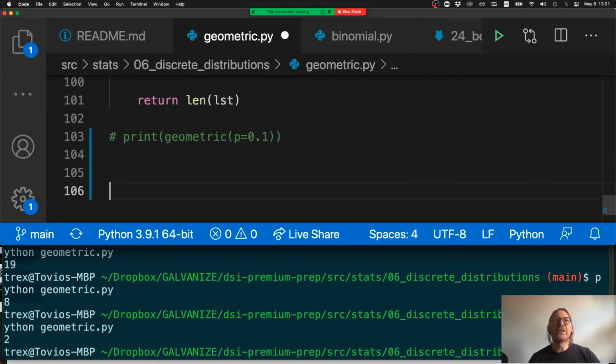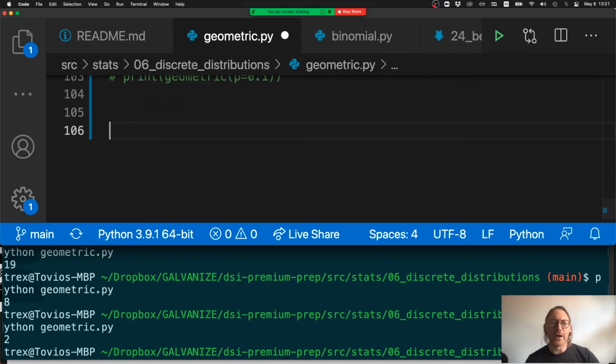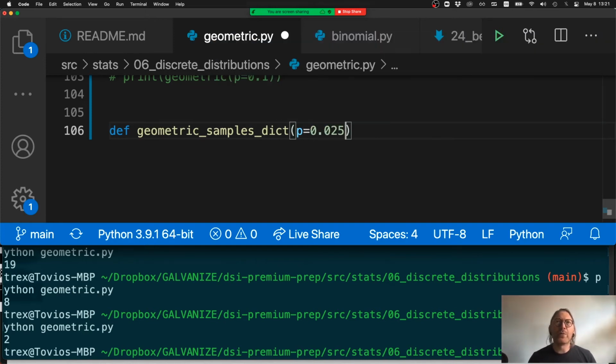So we're kind of taking a different lens on the same phenomenon. We can analyze this. So how do we analyze it? We pack the results into a dictionary. That is the thing that we generally have been doing in our analytic approach. So let's say geometric samples dictionary. I'm going to set the probability to 0.05, why not, by default. And let's say that we're going to sample 10,000 times.